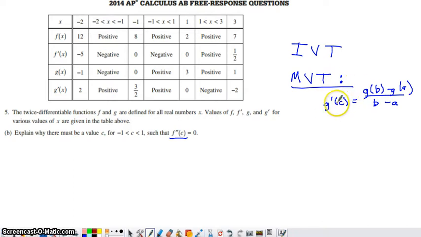Now, if you're trying to apply the mean value theorem and you want to have an f double prime of C be generated, if I just swap out the g prime for f double prime in the conclusion of the mean value theorem, it can look like this. Now, I don't have primes in this numerator because this is the derivative of what we see in the numerator.